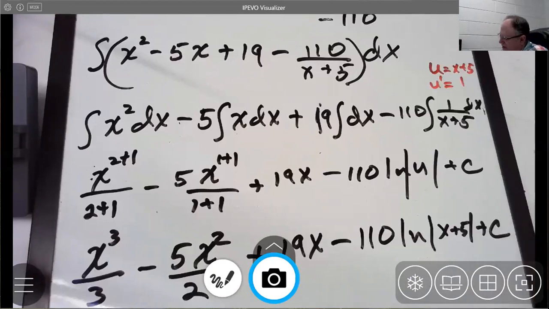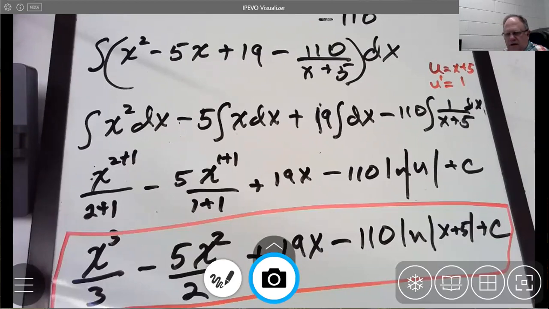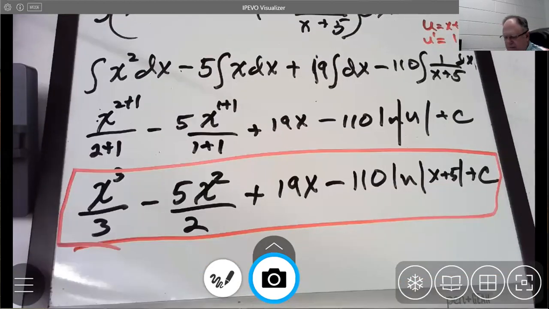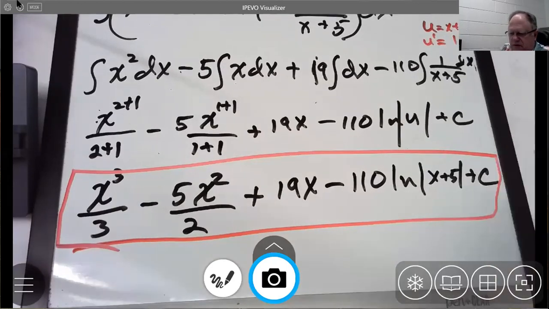And that is our integral. That's our answer. Any questions with that? All right, we good? Can we go on to the next problem?